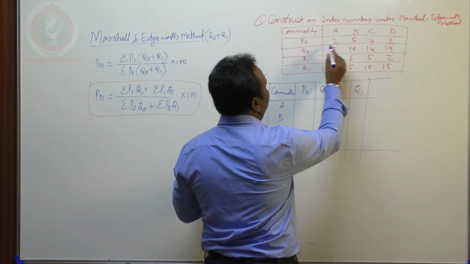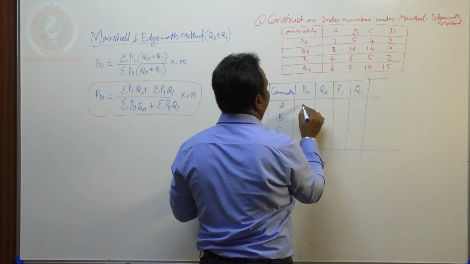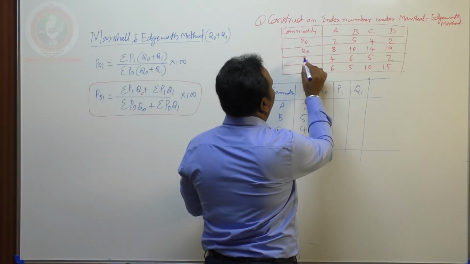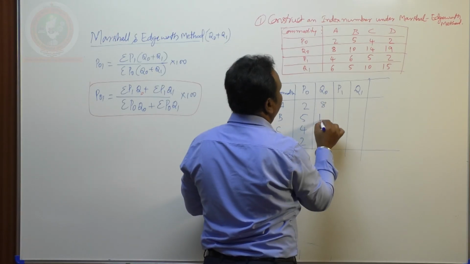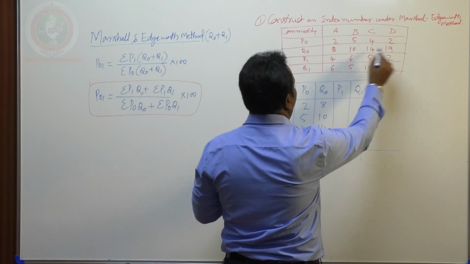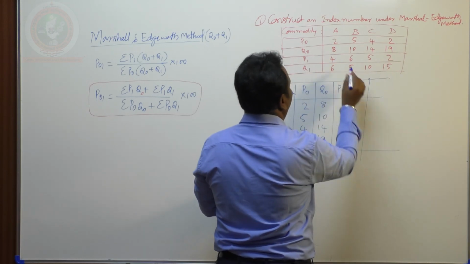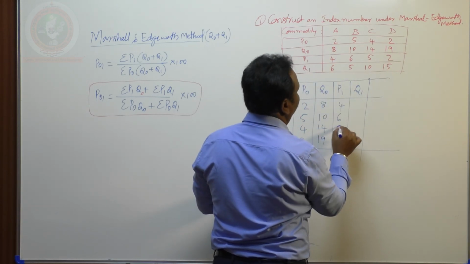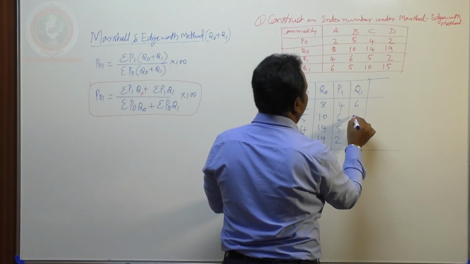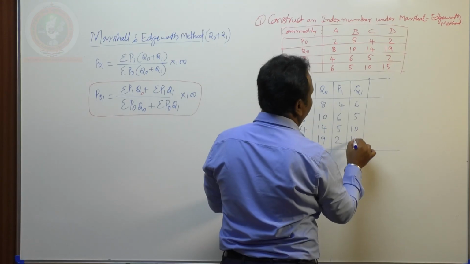P0 is 2, 5, 4 and 2. Q0 is 8, 10, 14, 19. Then P1 is 4, 6, 5, 2. Then Q1, the current year quantity, is 6, 5, 10, 15.